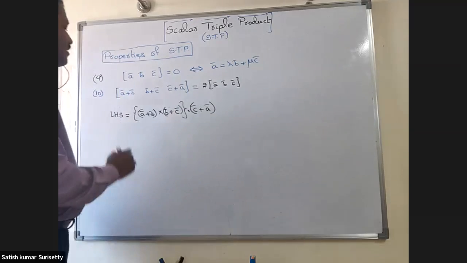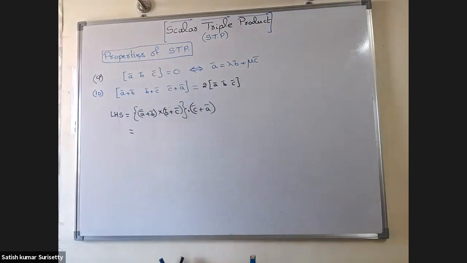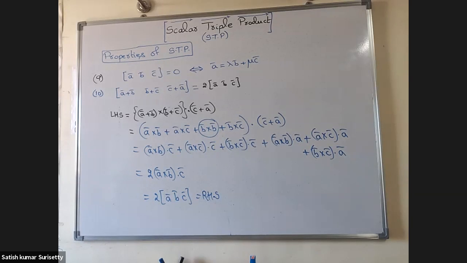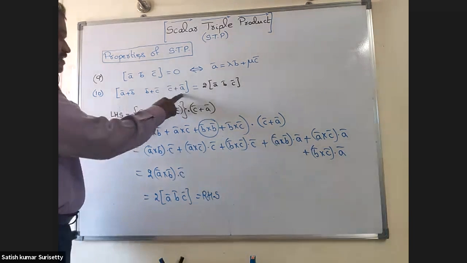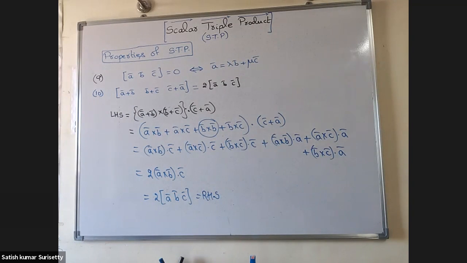Now expand and then simplify and use the previous property. Then it can be proved as 2 times the scalar triple product of A bar, B bar, C bar. So try to remember this property. The scalar triple product of A bar plus B bar, B bar plus C bar, C bar plus A bar will be 2 times the scalar triple product of A bar, B bar, C bar.